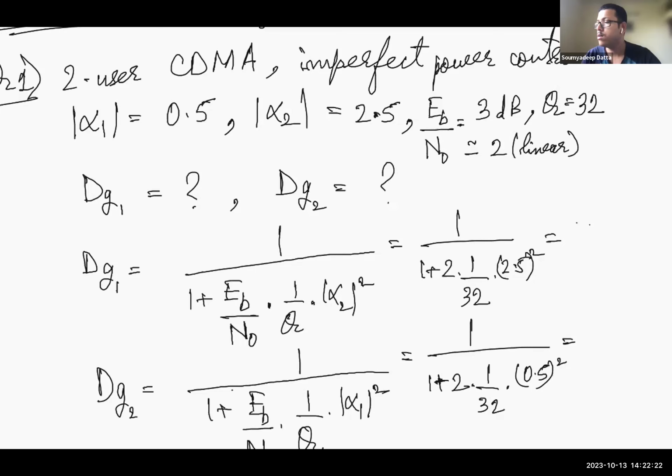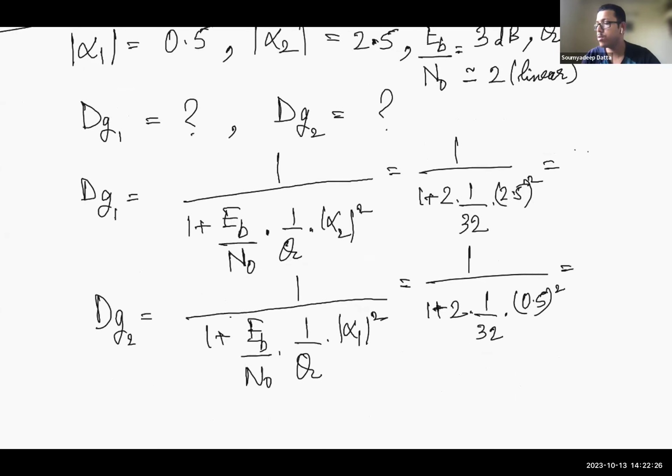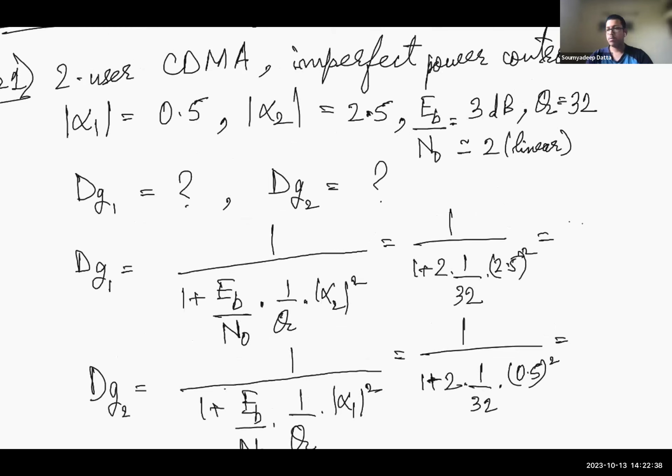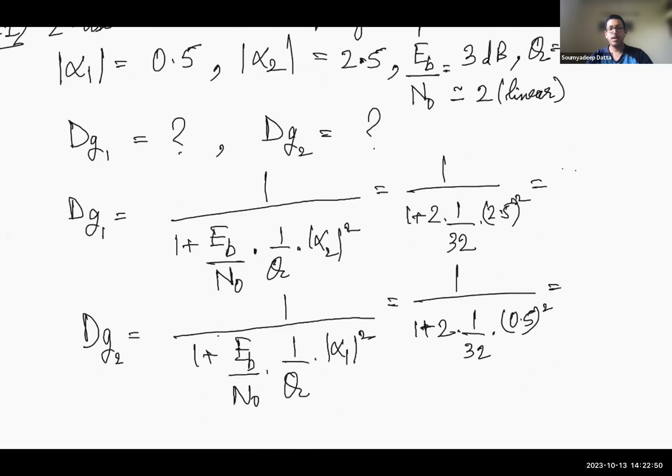So then this just becomes an exercise of putting in the formula. It is very simple. The only thing you need to be careful about is that this Eb by N naught value is typically provided in dB, so you need to convert it to linear scale. That is what I did. 3 dB is almost equivalent to 2 in linear scale, 1.99 something. So it's 2. You can just put the values and calculate. There is nothing much to be done here.